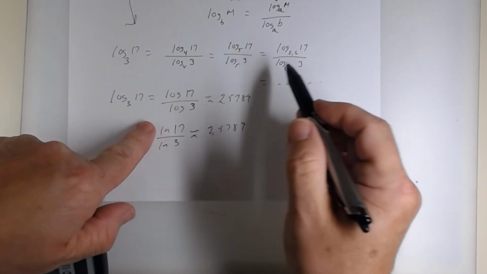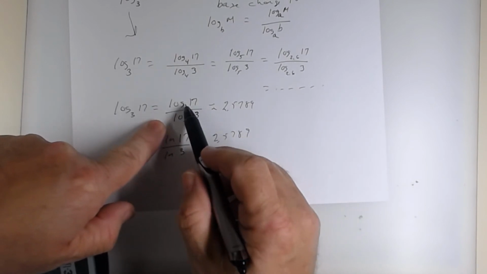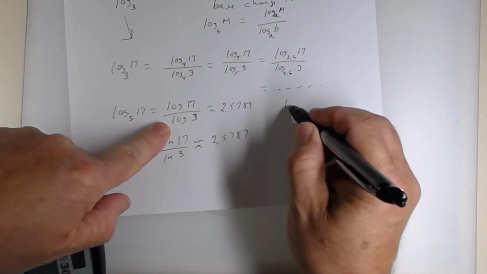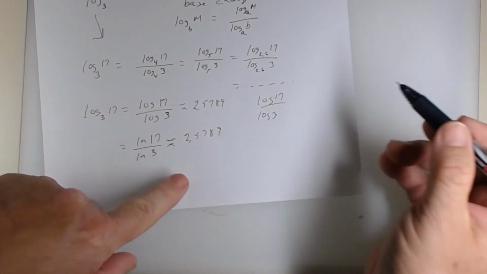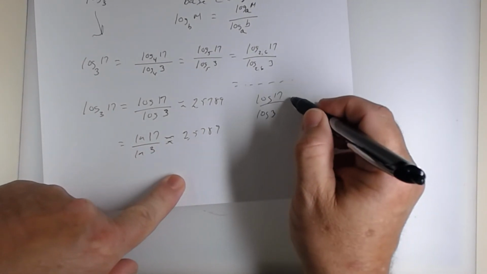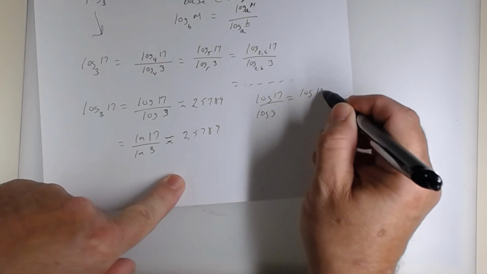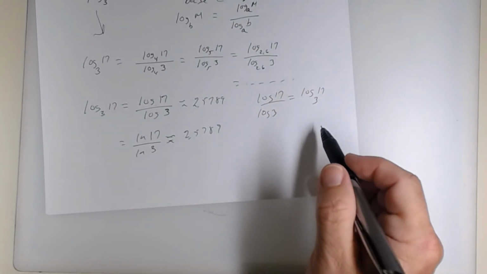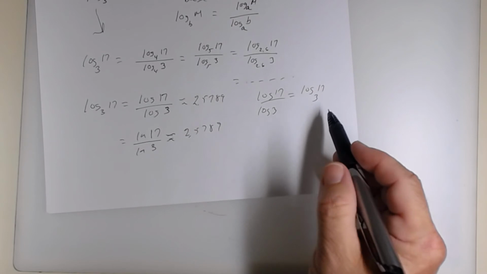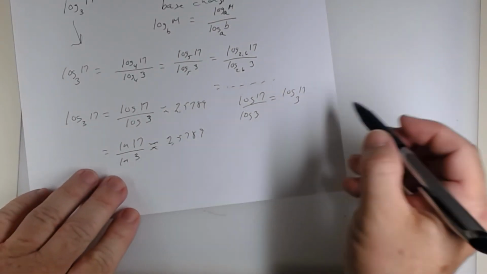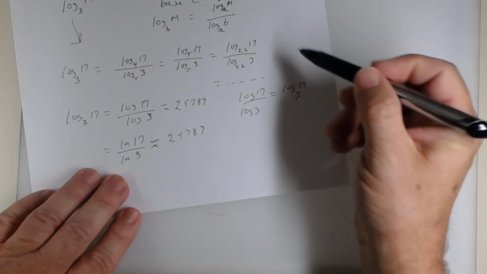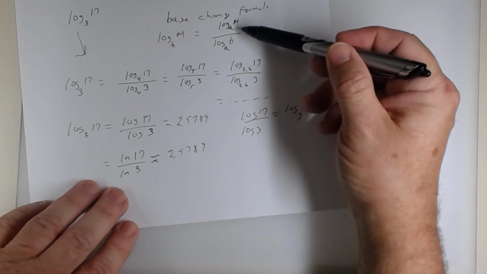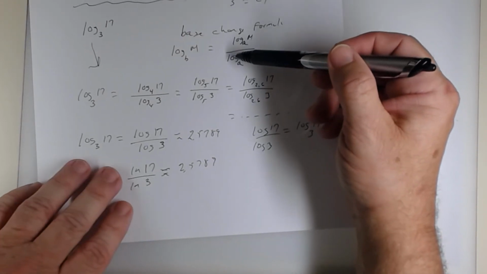So if you go here, we had the log of 17 divided by log of 3. And remember, that was a log of 17 base 3, right? Okay, so let's go ahead and use the other one that we had here.